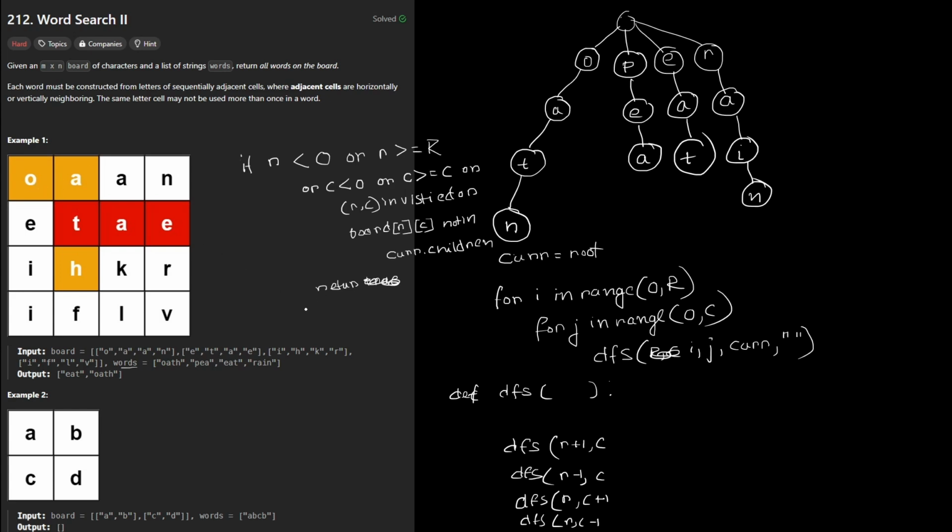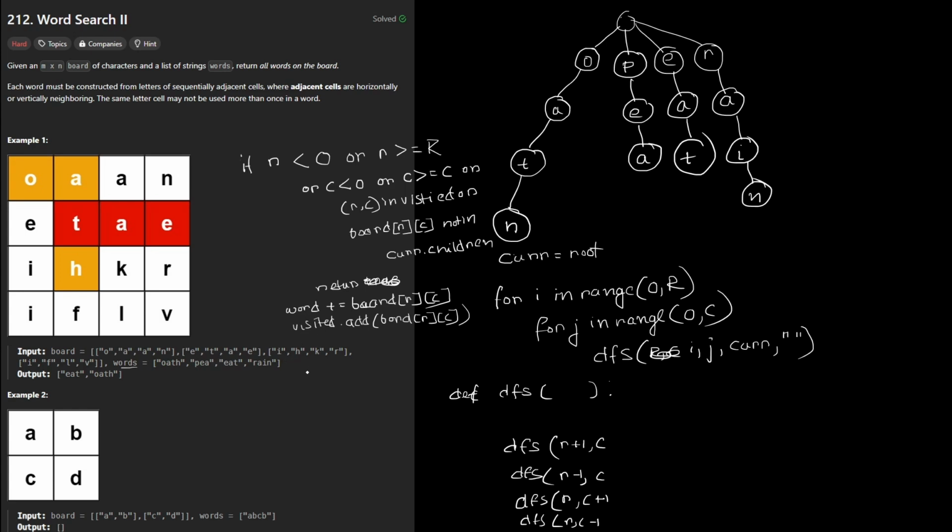So what I can do is, to the given empty string, I can say word plus equal to board of R and C. Then I can also add this to visited, visited dot add board of R and C.